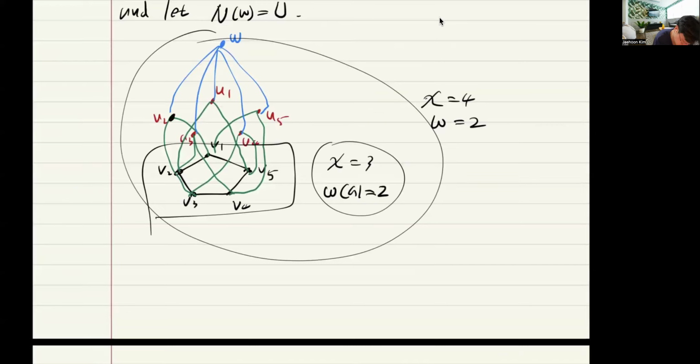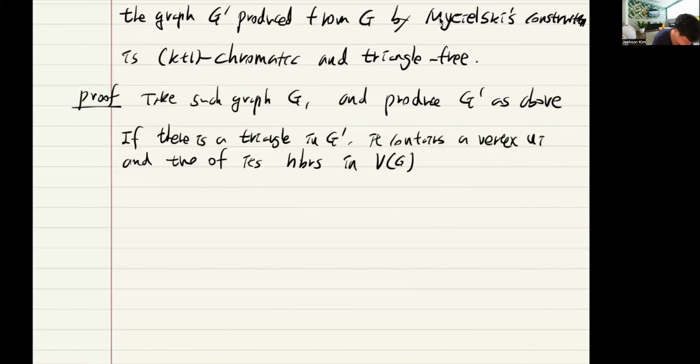Ui has two neighbors, but then these two neighbors have to be adjacent.